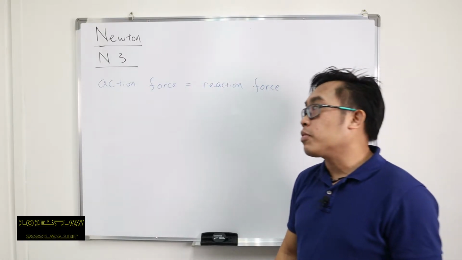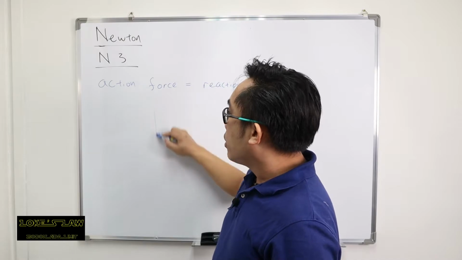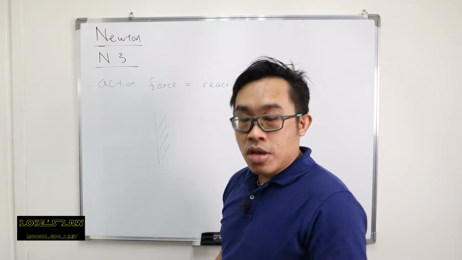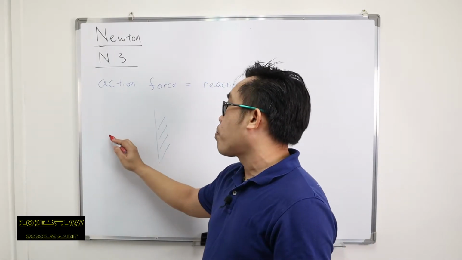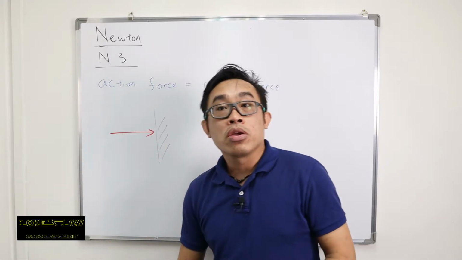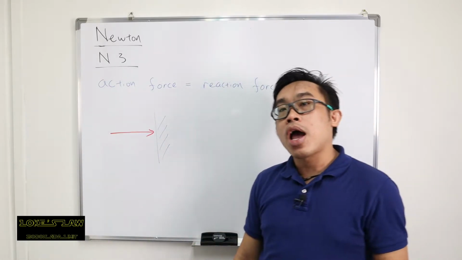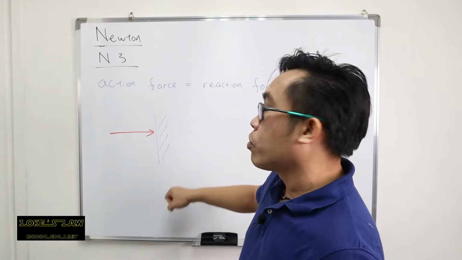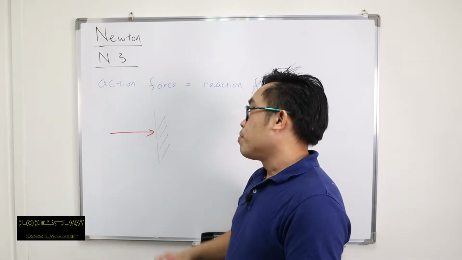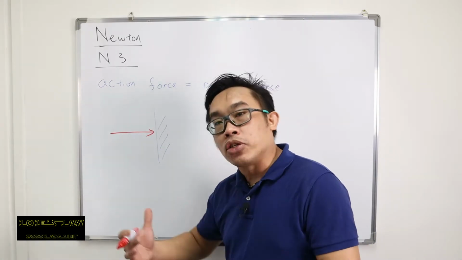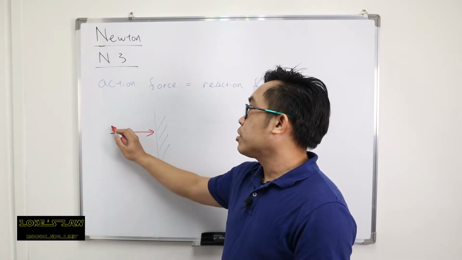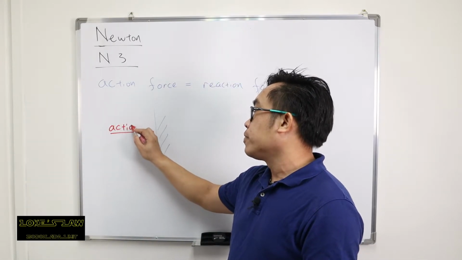This is an example I like to use all the time. Imagine that you try to punch the wall. Your hand will feel painful when you punch the whiteboard. Why do I feel pain? Because Newton says that when you punch, you're acting, so this is considered an action force.